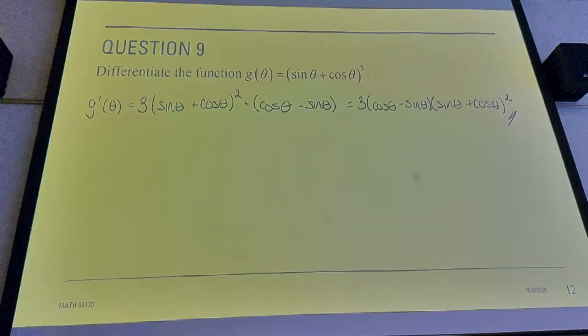Are you saying cosine theta minus sine theta is one? If that sounds familiar. Cosine minus sine is not 1. Sine minus cosine, that's also not 1.